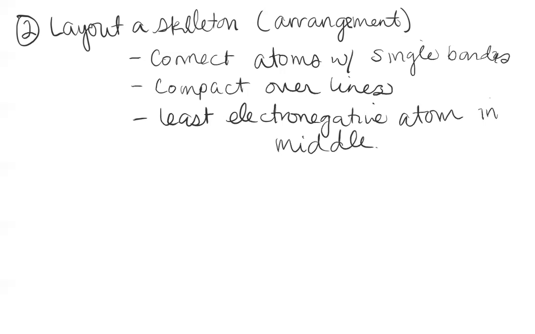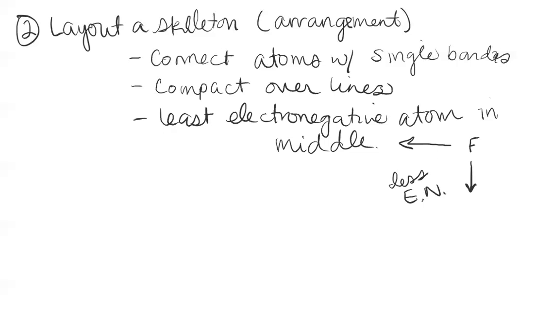You can look up electronegativities for atoms, but electronegativity is basically how much each atom likes electrons. The most electronegative atom ever is fluorine. If you go this way on the periodic table or this way, atoms are less electronegative.